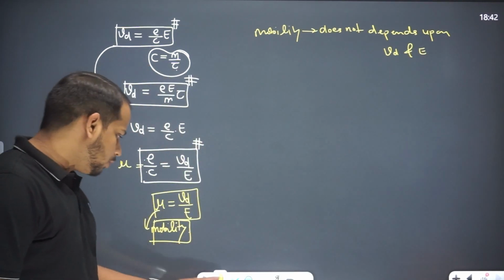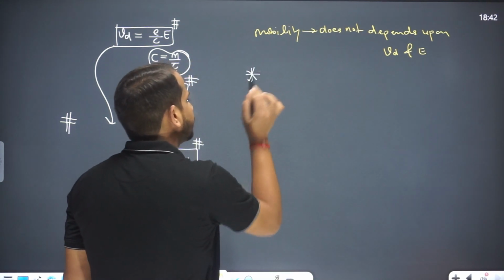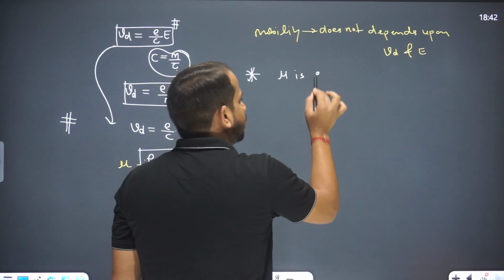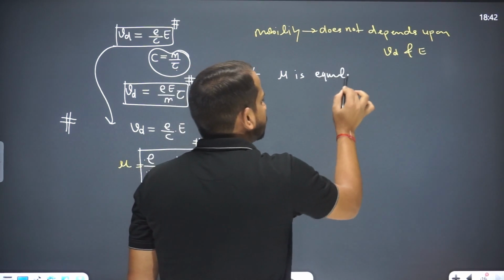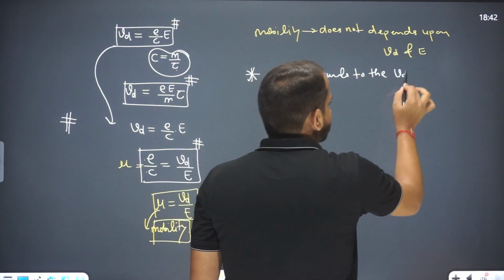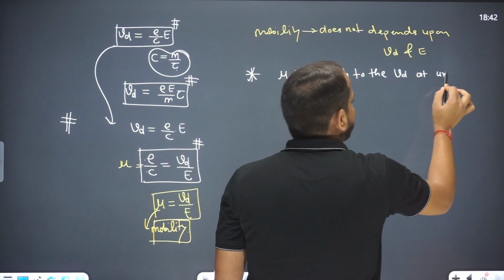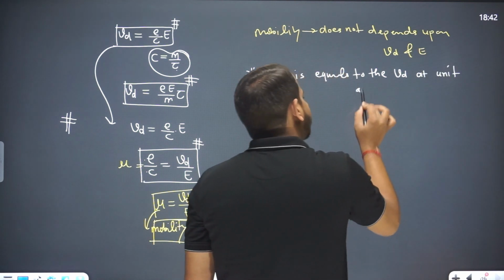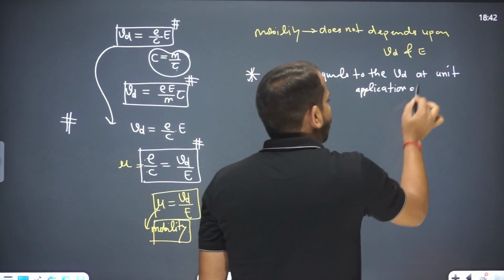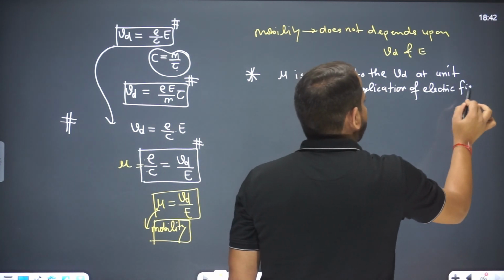If we have to define mobility, how can we define it? We can say in words: mu is equal to the drift velocity per unit application of electric field.